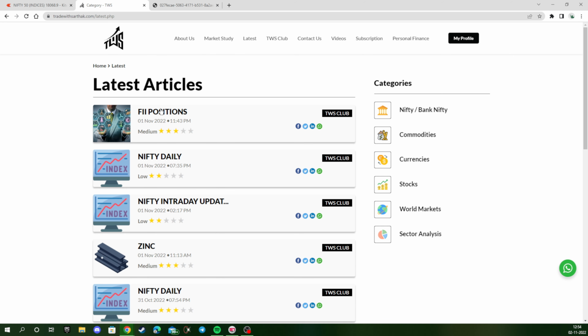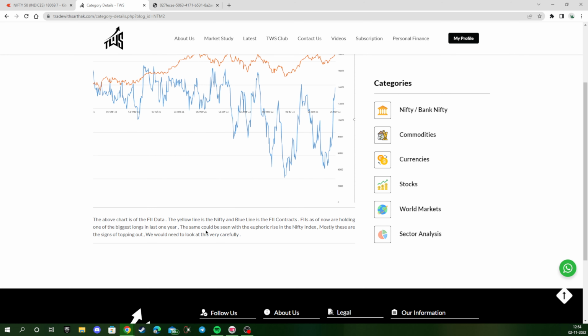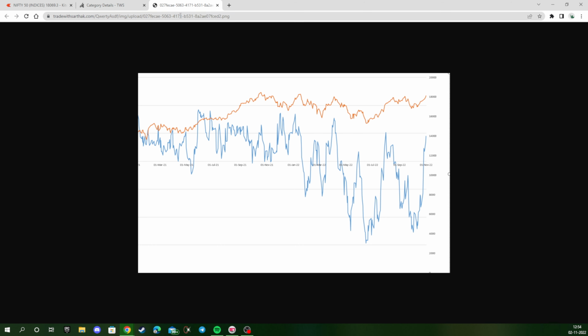If I go on to the FII positions, just to confirm this thesis, I'll open this chart in the next tab. This data shows that the yellow line is the Nifty line and the blue line is the FII's contracts.